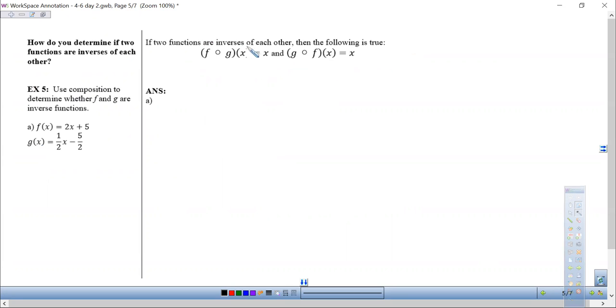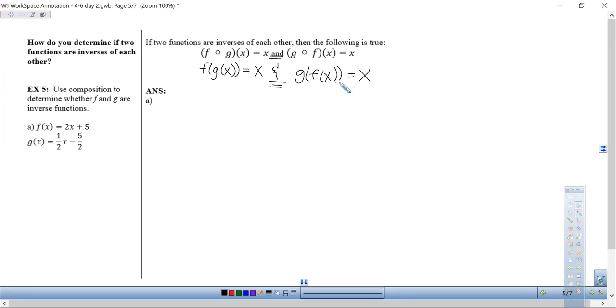If functions are inverses of each other, f of g of x is equal to x, and g of f of x is equal to x. I use both notations here. Remember that these two things mean the same thing.